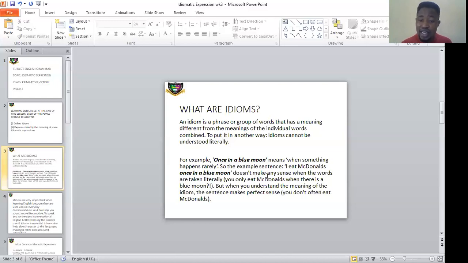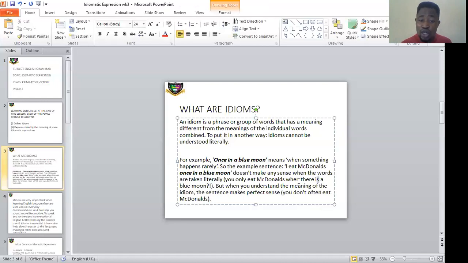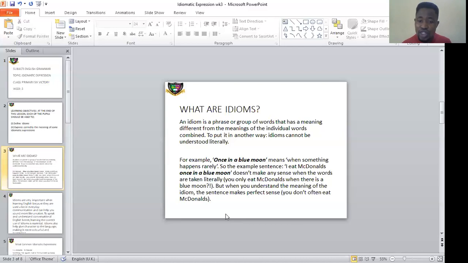Now, that doesn't make any sense when the words are taken literally. So looking at the words literally, just looking at I eat McDonald's once in a blue moon, what does that mean? Does it mean that I eat McDonald's when there is a blue moon? No. How can you eat a meal when there's a blue moon? Does it make sense?